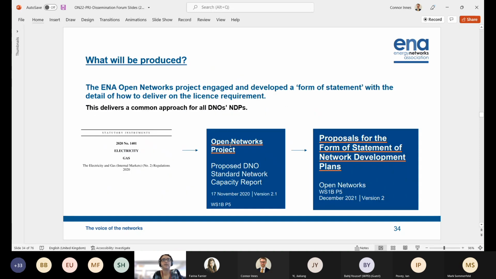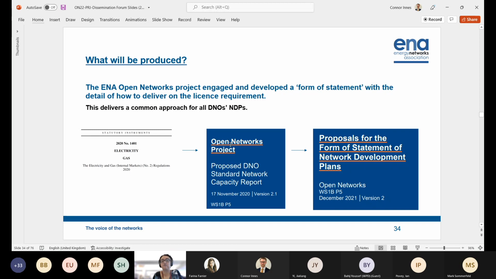If we move on to the next slide, I'll give you a bit of a flavour about what has been produced. Through the Open Networks project, last year the product team engaged and worked together to develop what we called a form of statement with the detail of how to deliver on the license requirement that we were given by Ofgem.